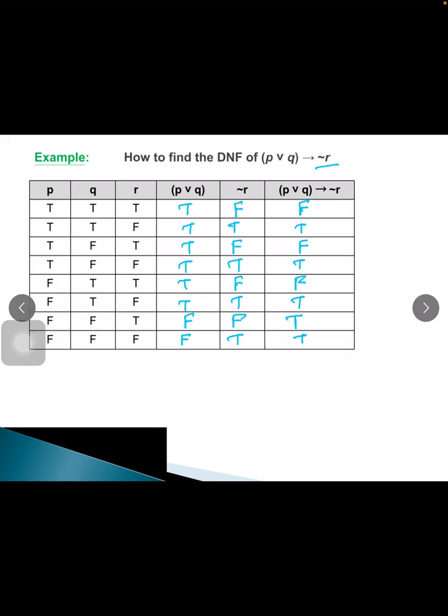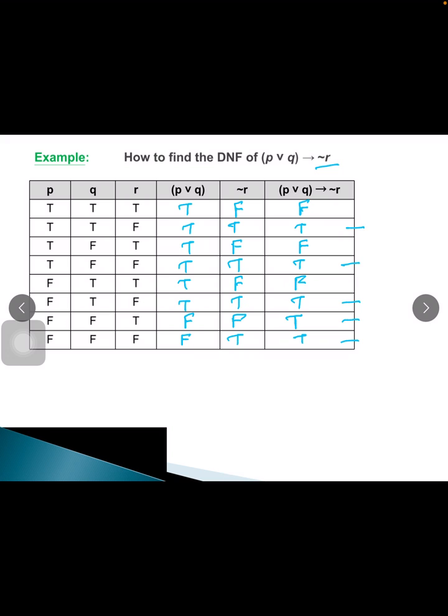Now we see the rows which have the true value: there are 5 rows in which our expression has the truth value. From these we find the min terms.